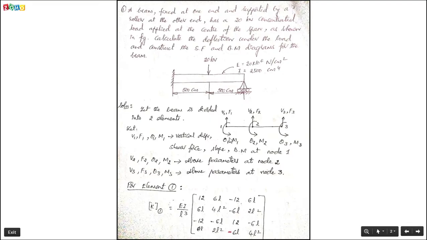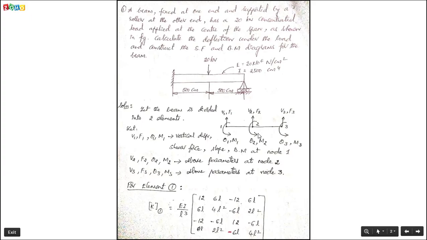Again switch to the second node: the vertical displacement V2 and slope theta 2. Here F2 will be acting downward, but M2 will be 0. Why? We don't have any moment applied here, so M2 will be 0.